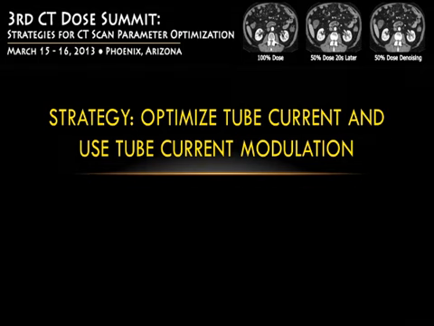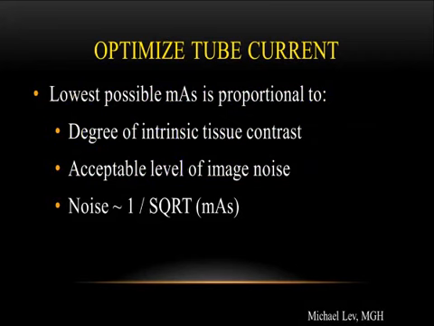There has been lots of talk about tube current optimization and tube current modulation, so I will not go back into the principles of this. I'll mention the fact that the lowest amount of tube current that you can tolerate is based on the degree of intrinsic tissue contrast in the anatomy under consideration.